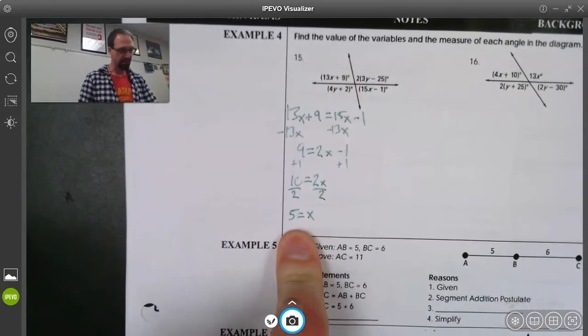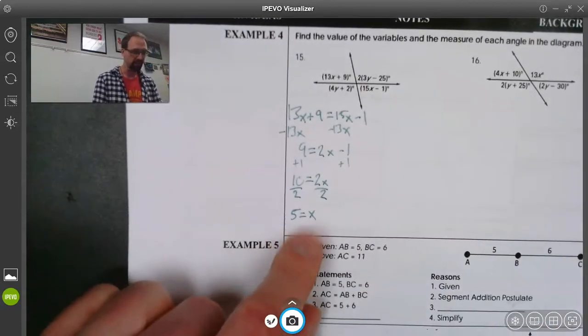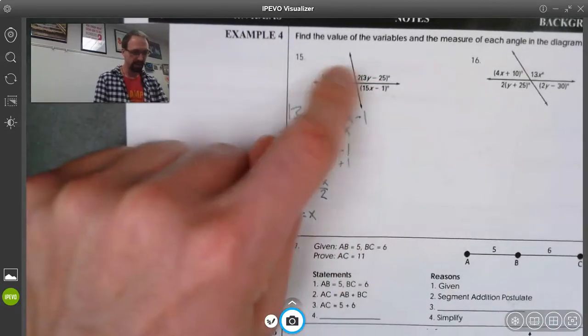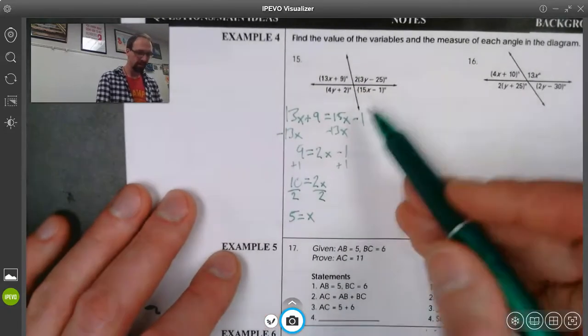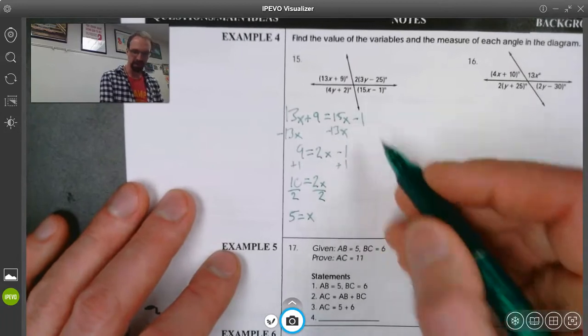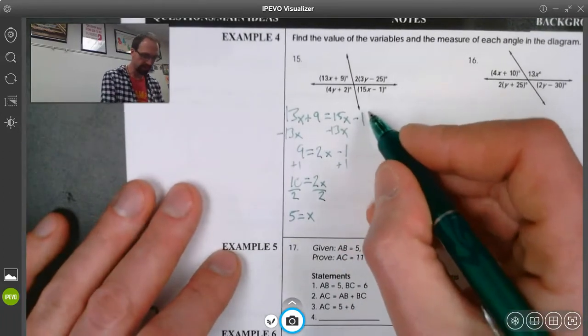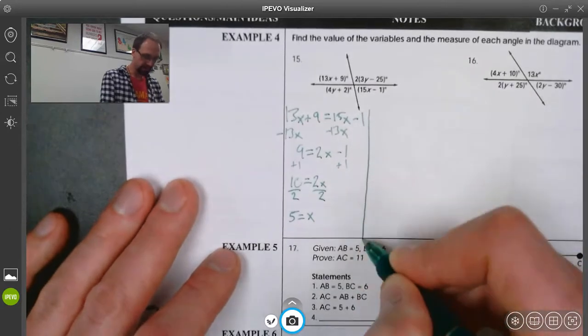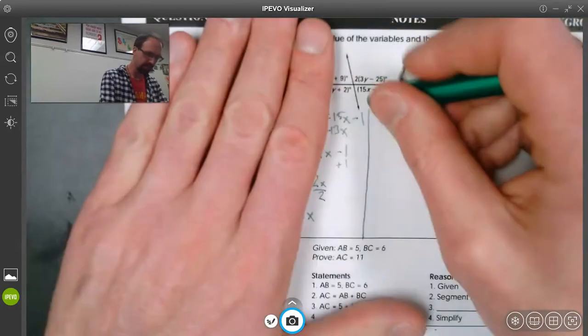Now to actually get the values of these angles, I'm going to have to plug them back in. If I plug 5 in, just see which one looks the easiest to plug back into. If I plug 5 back into this one here, I'm going to pick this one. Let's use a different color.